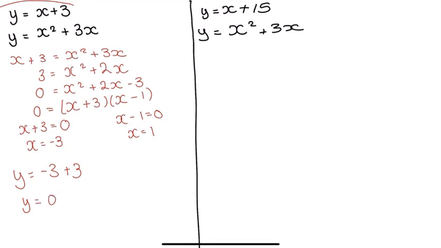Now that means y would equal 0. And here, y could equal x, which is 1, plus 3, which means y could also equal 4. So here, our answers are x equals minus 3 or x equals 1, and y equals 0 or y equals 4.